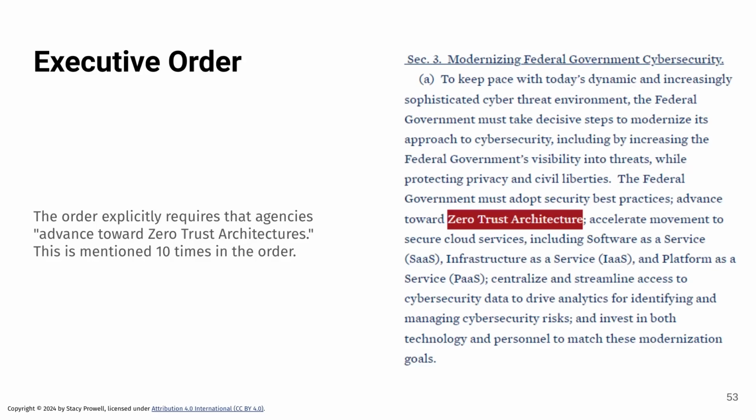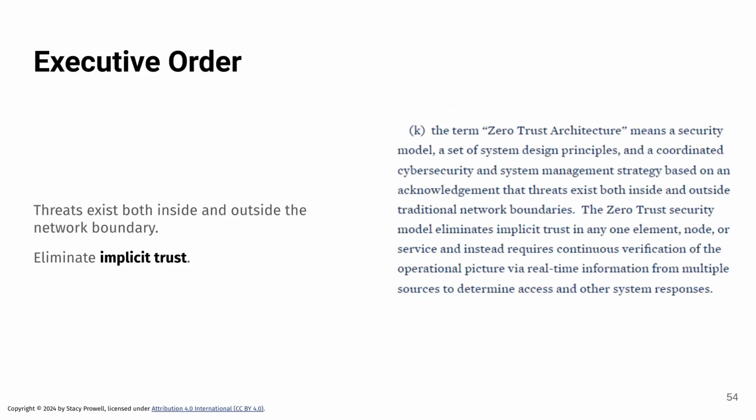So we need to figure out what is meant by moving toward zero trust architecture, right? They're insistent on it. What does that mean? So the good thing about it is there's now this explicit realization that threats are both inside and outside the network boundary. And there's this notion that we need to eliminate implicit trust.